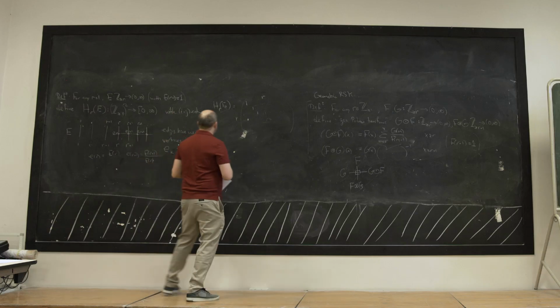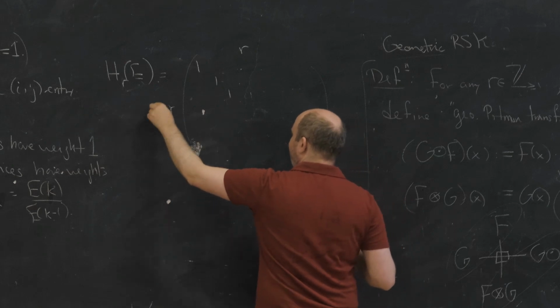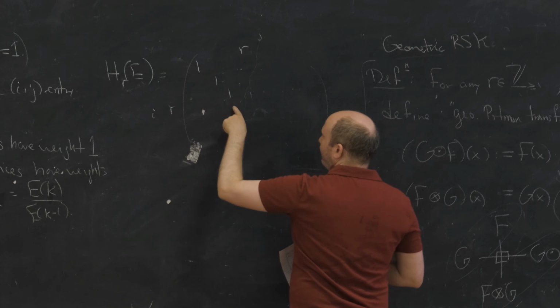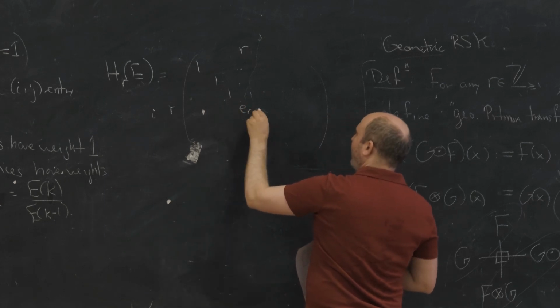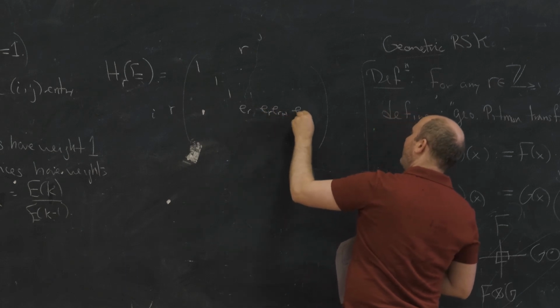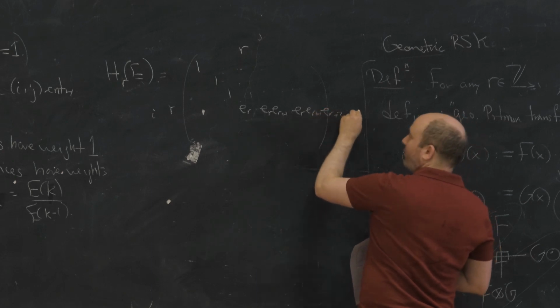And in fact, for the transition, I always forget, I think I is this and J is this, right? So if I'm in the I equals rth row, then I get here ER, and then this is ER times ER plus 1, and then ER times ER plus 1 times ER plus 2, and so on and so forth.